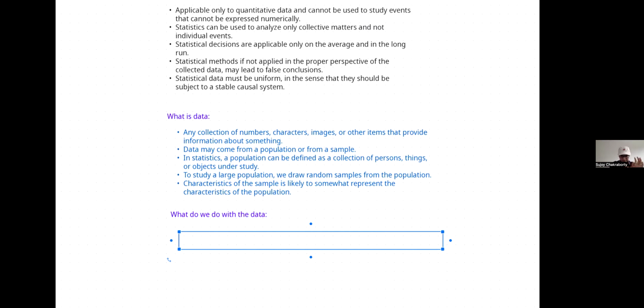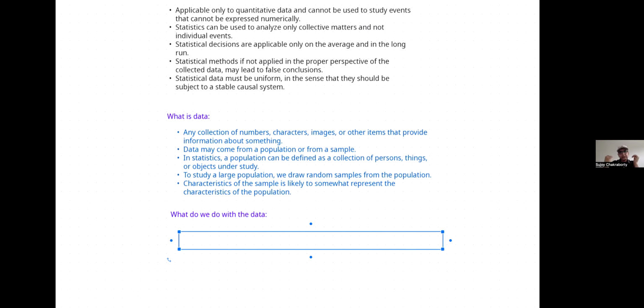So these are the activities that we typically do with the data. So we first collect the data, then we analyze the data and summarize. Summarize means we have to represent the data in a proper way, right?